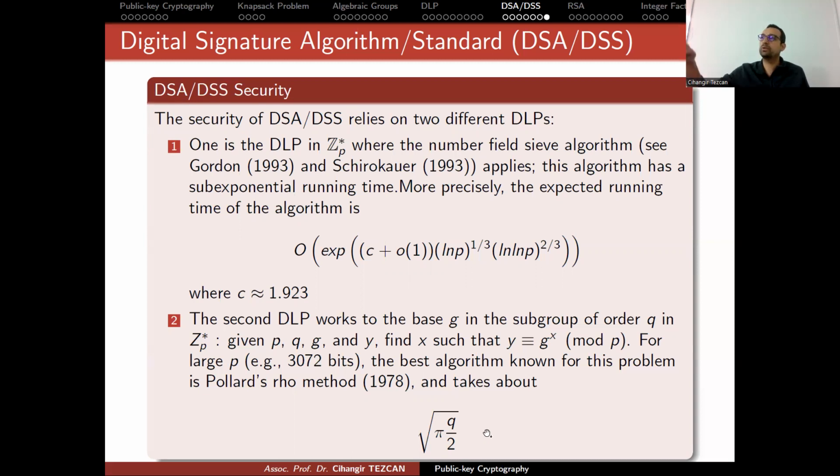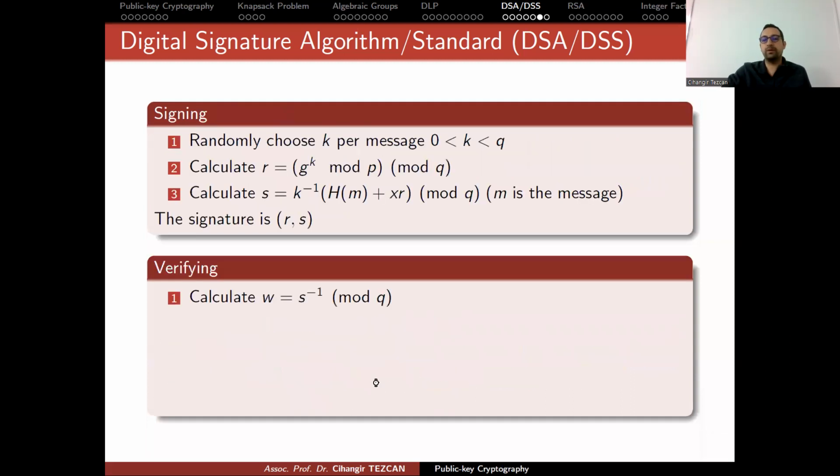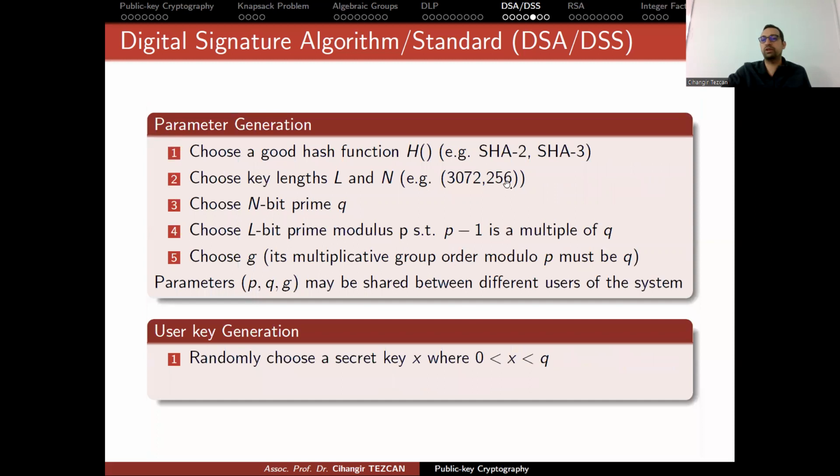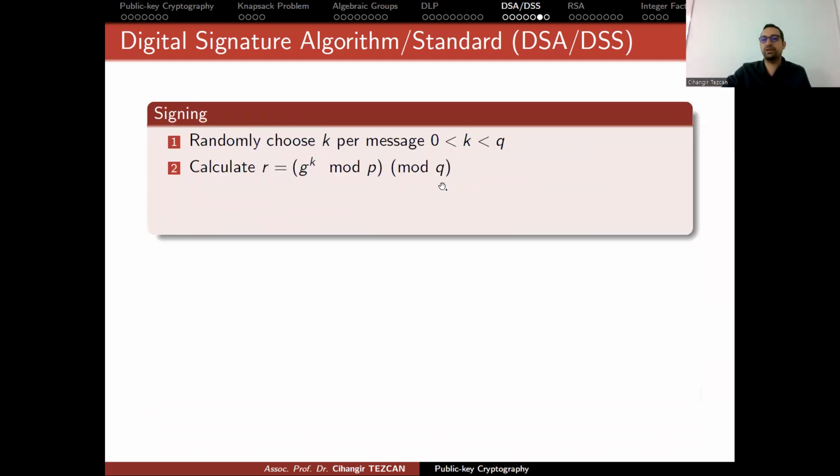Because Q will be 2 to the 256, and due to the square root, the security will be equal to 128 bits, okay? Actually, Pollard's rho algorithm forces us to choose here 2 times 128 bits when you need 128-bit security, okay? And here you are choosing 3000 bits due to the number field sieve method, which is sub-exponential, okay? These numbers are coming from it.